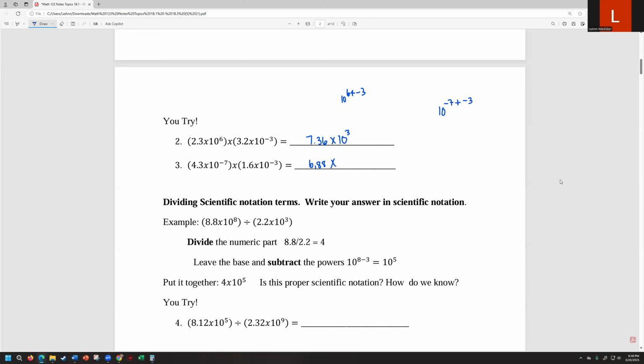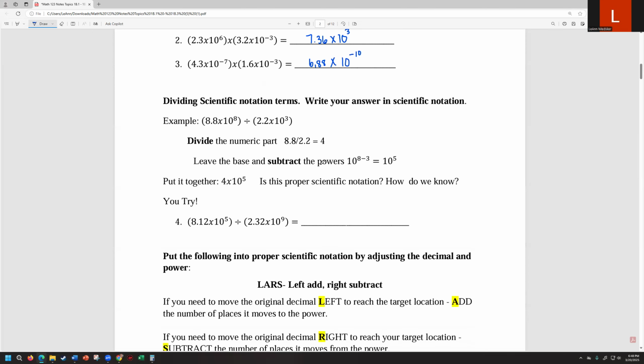Now, these are both negative. So when you add same signs, you add and keep the sign. So that's going to be 10 to the negative 10. Okay, so this is fine for proper scientific notation. There's only one digit in front of the decimal, and it is a 1 to 9. That can't be 0, but it can be a 1 all the way up to a 9. And then this is an integer, because remember, integers can be positive or negative.